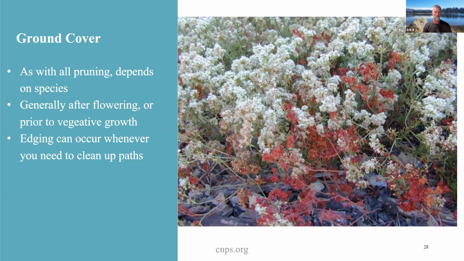Ground cover. As with all pruning, it depends on species. Generally after flowering or prior to vegetative growth, edging can occur whenever you need to clean up the paths. So for instance, the Baccharis pigeon point is in bloom right now. But since we're going to edge it, we're going to selectively, I guess that would technically be a reduction cut.